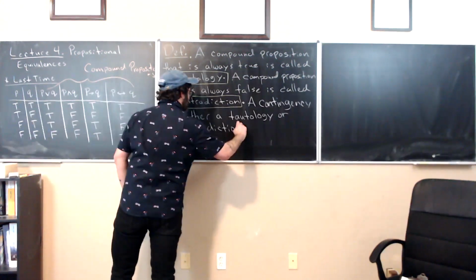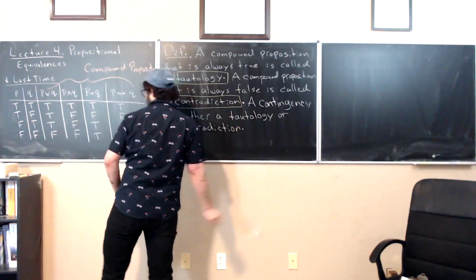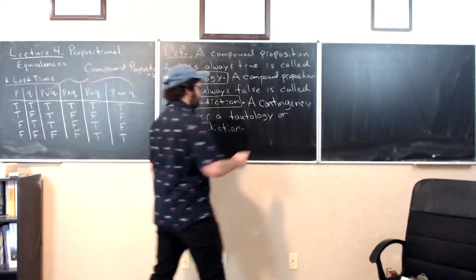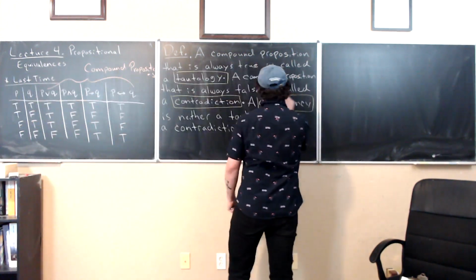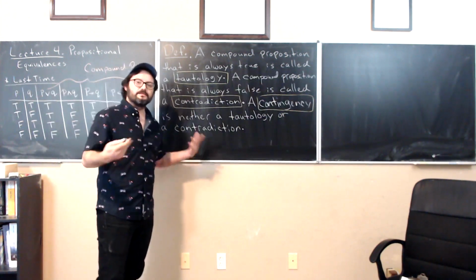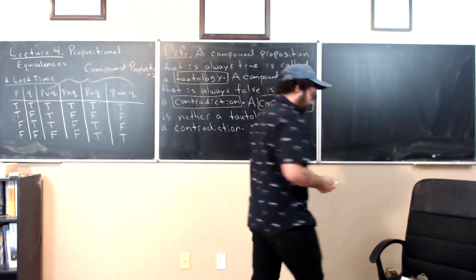So a contingency is a compound proposition that is contingent on the values of P and Q in question. All right, that's the definition. Let's look at some examples.